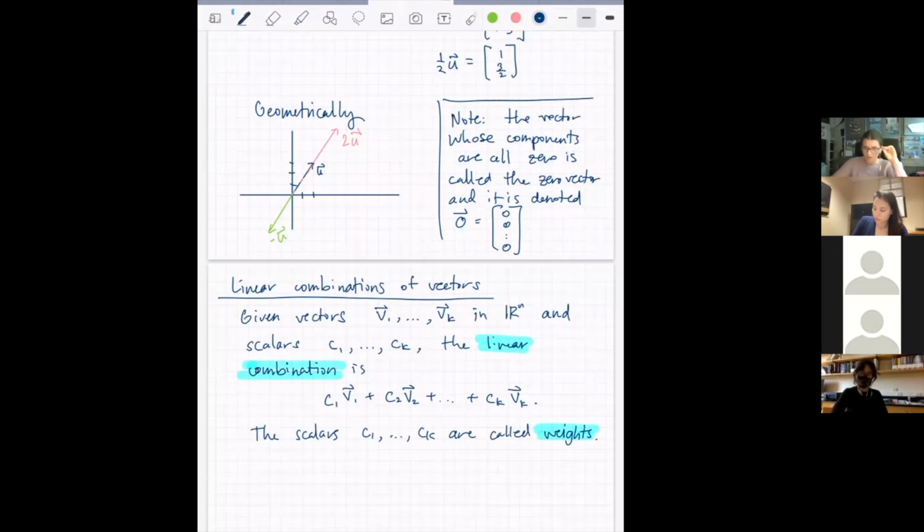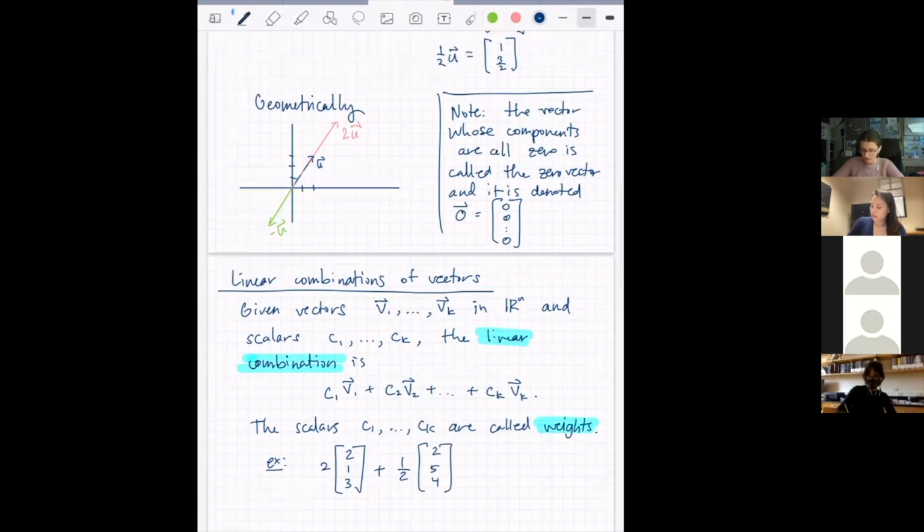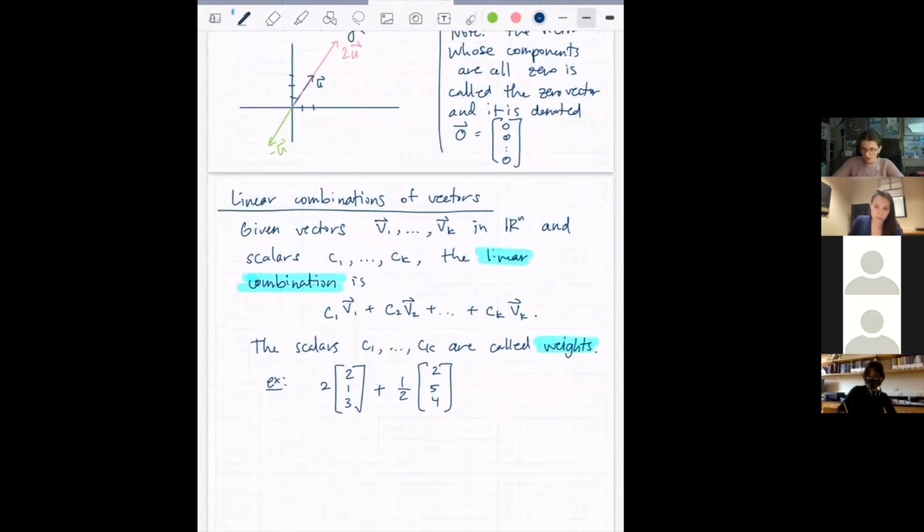Okay, so just a quick example. This is an example of a linear combination. So we take the scalar 2 times this vector plus 1/2 times this other vector. And then we can compute what this would be, right?